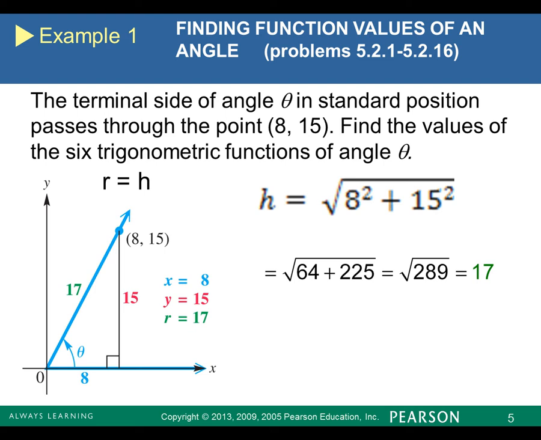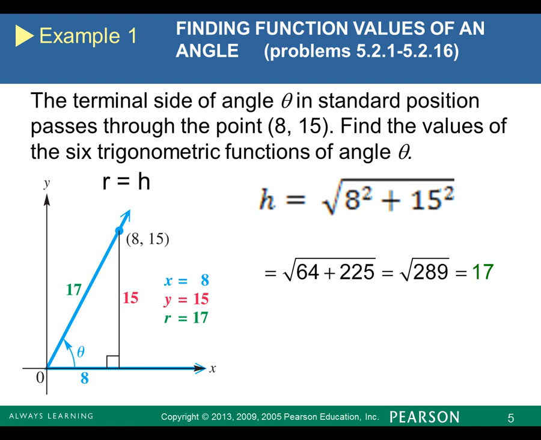So from here we can come up with our 6 trigonometric functions. In this case, sine theta would be opposite over hypotenuse, so sine theta is 15 over 17. And so therefore its reciprocal cosecant would be what? If sine is 15 over 17, then cosecant would be what?